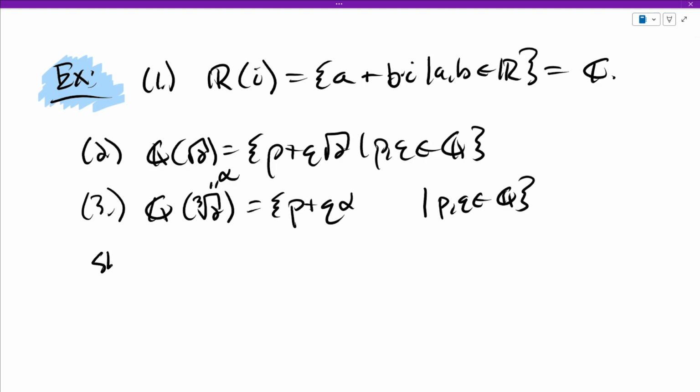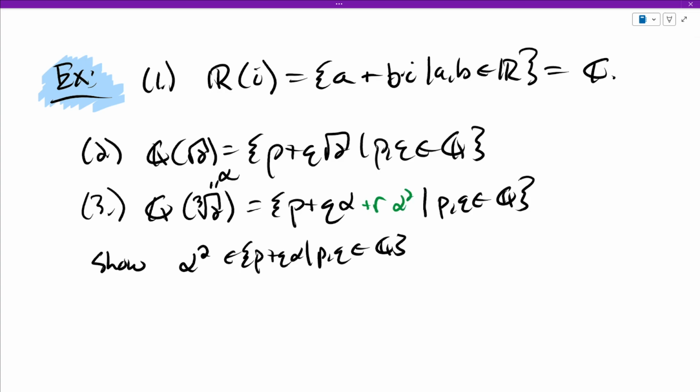Let's show that alpha squared is not in the set of p + q alpha, where p and q are in Q. So you do actually need to throw in, I'll put it in green, an r alpha squared here. Because if you don't have that, you don't have access to alpha times alpha.